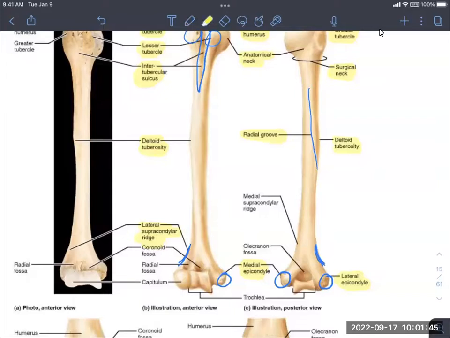We have this radial fossa. You can see it kind of right here. You can also see it right here on this drawing. We have our coronoid fossa, which sits more in here.